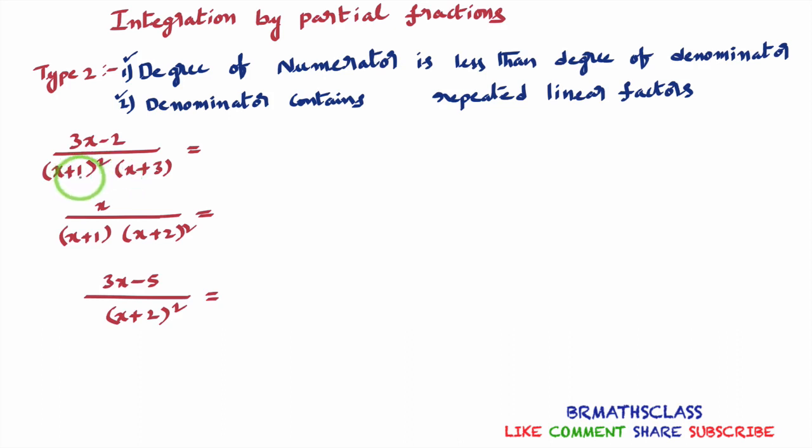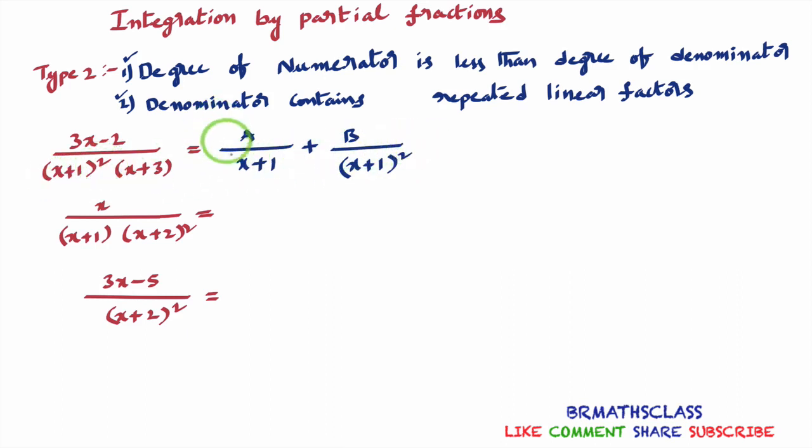When the denominator contains repeated linear factors, how do we write this rational function into partial fractions? You must know how to write this. We will write like this: A divided by x plus 1 plus B divided by x plus 1 whole square. Please try to understand. In this way, if we simplify, we are going to get things very easily. See, x plus 1 whole square is there.